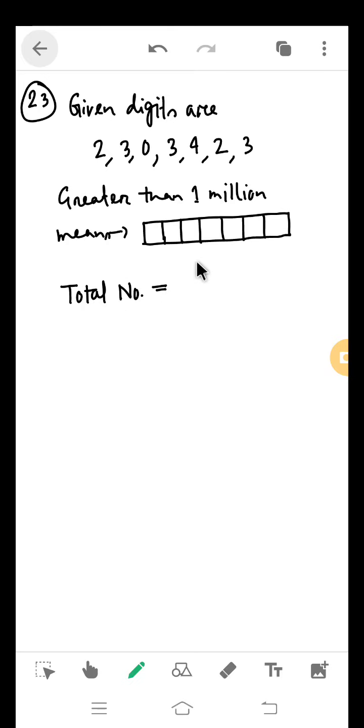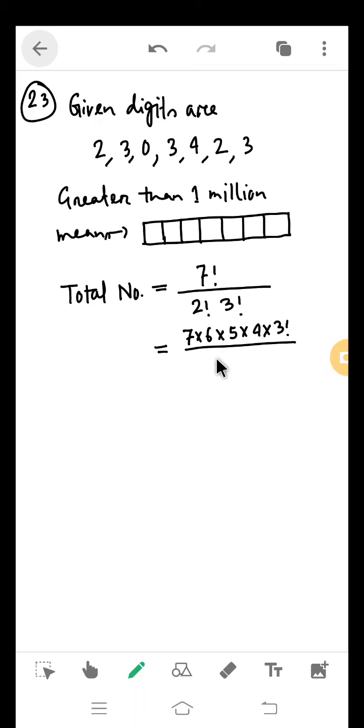So how many total numbers will be formed? There are 7 digits, so we go by 7 factorial. Because some of them are alike, you have to use the third property: divide by 2 factorial for the 2 appearing 2 times, and divide by 3 factorial for the 3 appearing 3 times. If you calculate this, it is 7 times 6 times 5 times 4 times 3 factorial, divided by 2 factorial times 3 factorial.